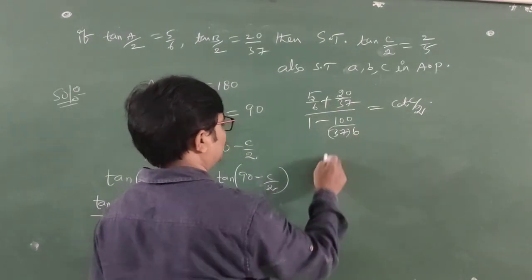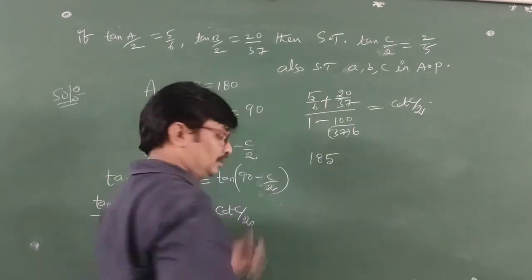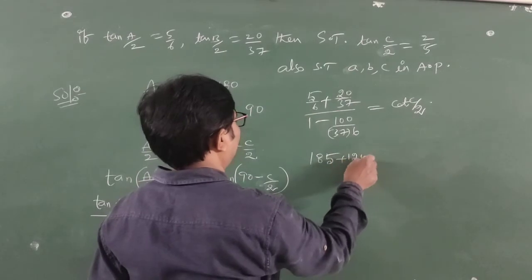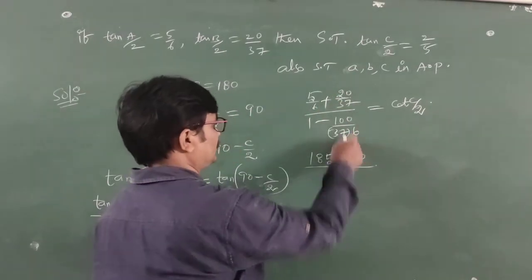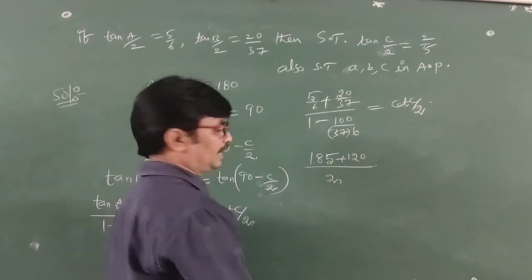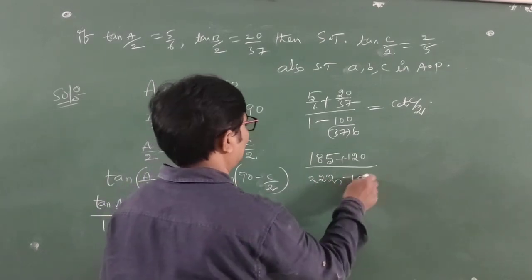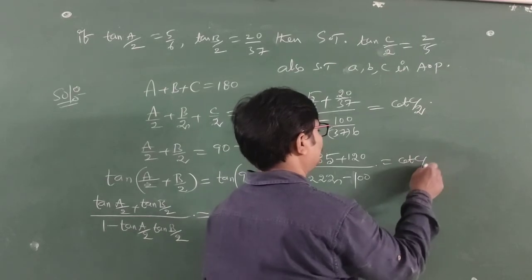Now first, 5 7s are 35. 5 3s are 15 plus 3 is 18. Now students, this is 120: 6 into 20 is 120. 6 into 7 is 42, carry 4. 6 3s are 18 plus 4 is 22, minus 100, equals cot of C by 2.